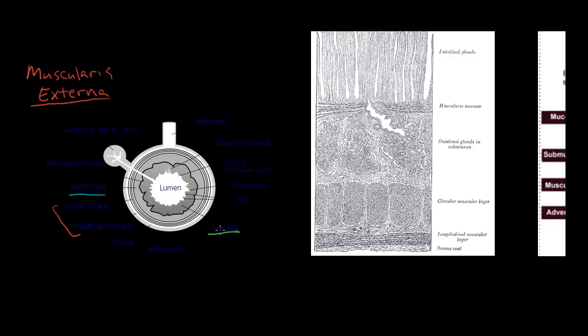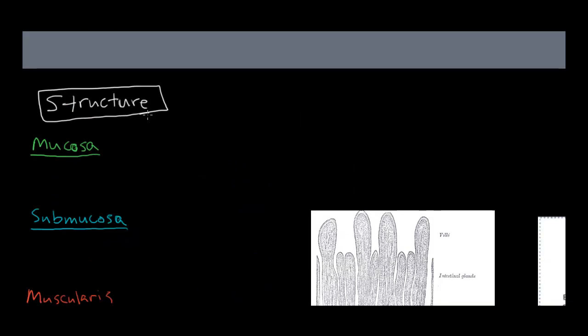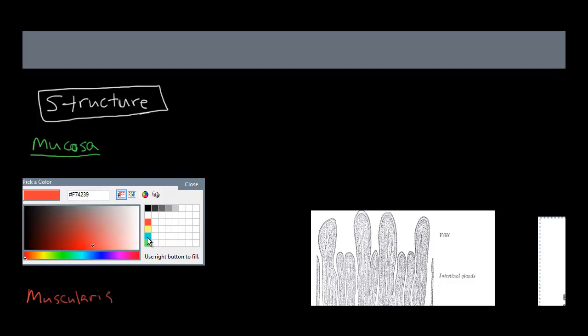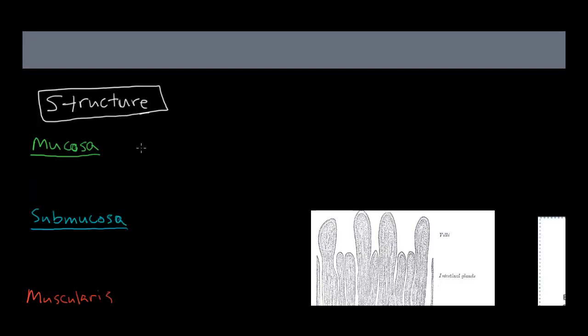We'll cover the mucosa, the submucosa, and the muscularis externa. We see in the mucosa layer there are three structures. There's an epithelium.